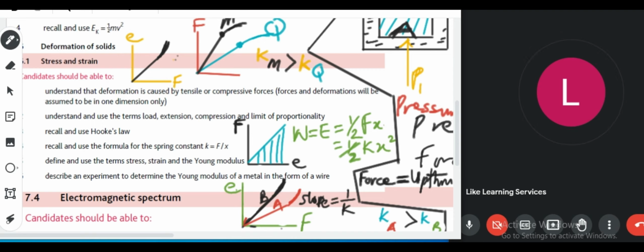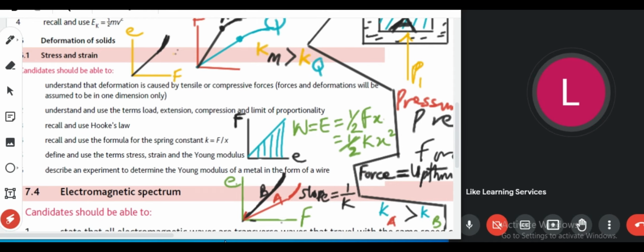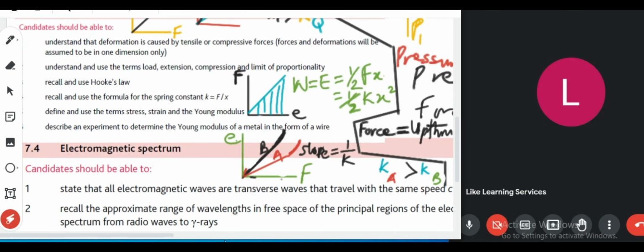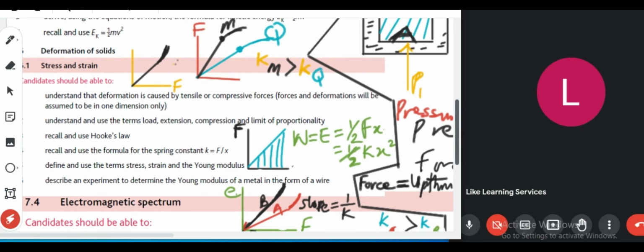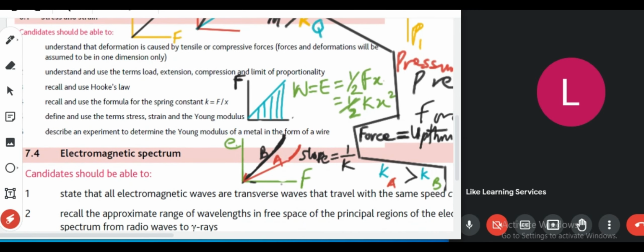So extension against F, the slope gives 1 over K, because it is rise over run, which is E over F, that gives 1 over K.